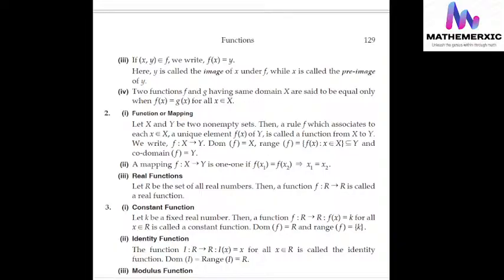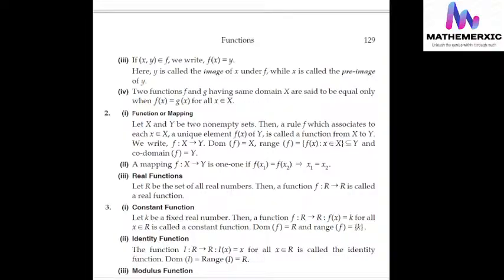Then a rule f which associates to each x belonging to capital X a unique element f(x) of Y is called a function from X to Y. We write f: X → Y. Domain of f is equal to X. Range of f is equal to {f(x) such that x belongs to X}, which is a subset of Y, and the codomain is Y here.